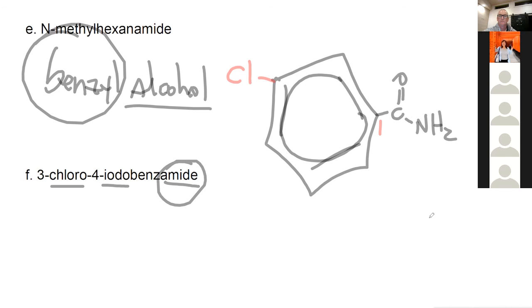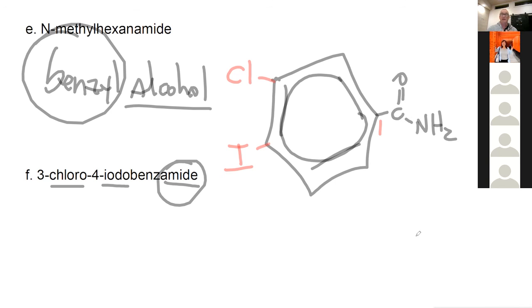It's right next to it, directly opposite the amide group, right? There was a question on the exam about iodo, and a lot of people missed it. They drew everything else but didn't put the iodine in there. Maybe they got confused by what iodo sounded like, a dodo bird or something.